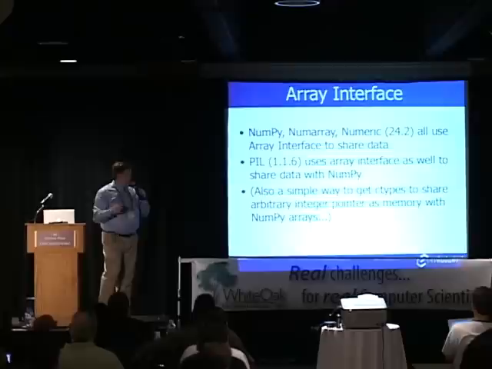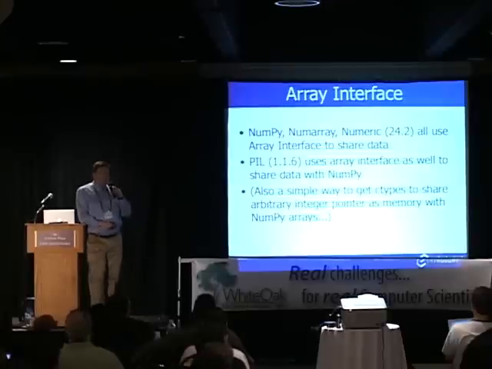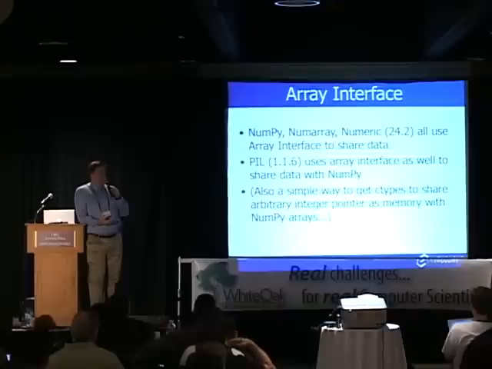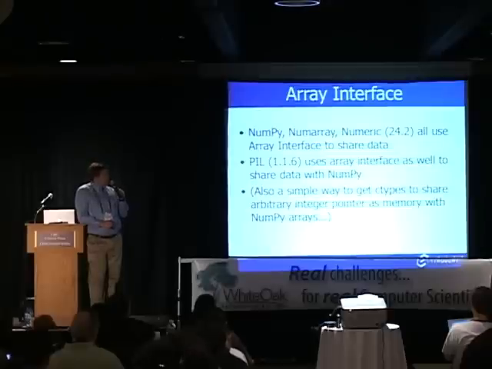So the array interface has had a bit of success. NumPy, numeric, and numarray all support the array interface and can use that to exchange data seamlessly for people as they're transitioning from numarray and numeric to NumPy, which transition has basically happened in almost every project that I'm aware of. There are still a few out there that rely on numeric. The PIL also uses the array interface.